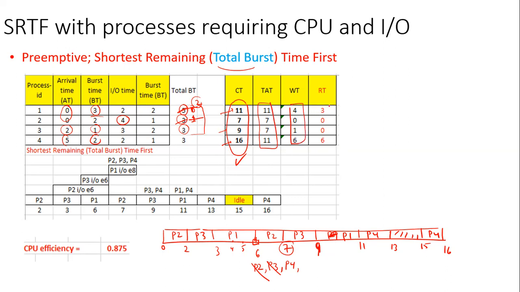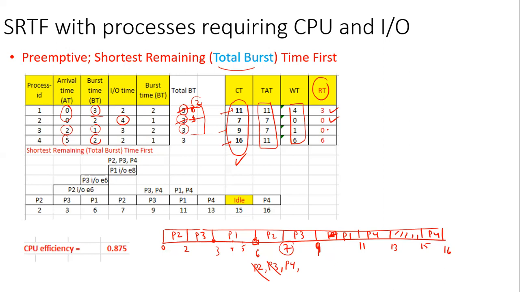So now the remaining time, because it is shortest remaining time first. I arrived at 0, but I need to wait; the first time I was taken was at 3. So 3. And P2 is taken right away.